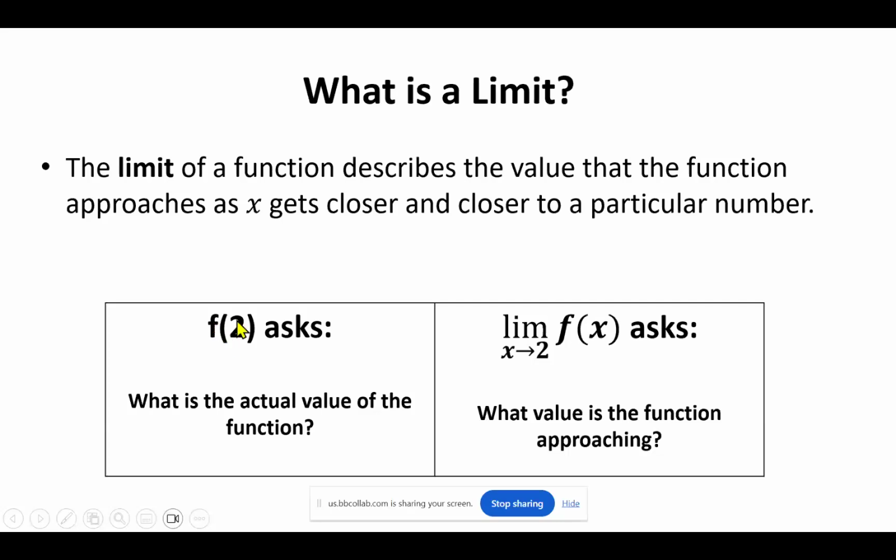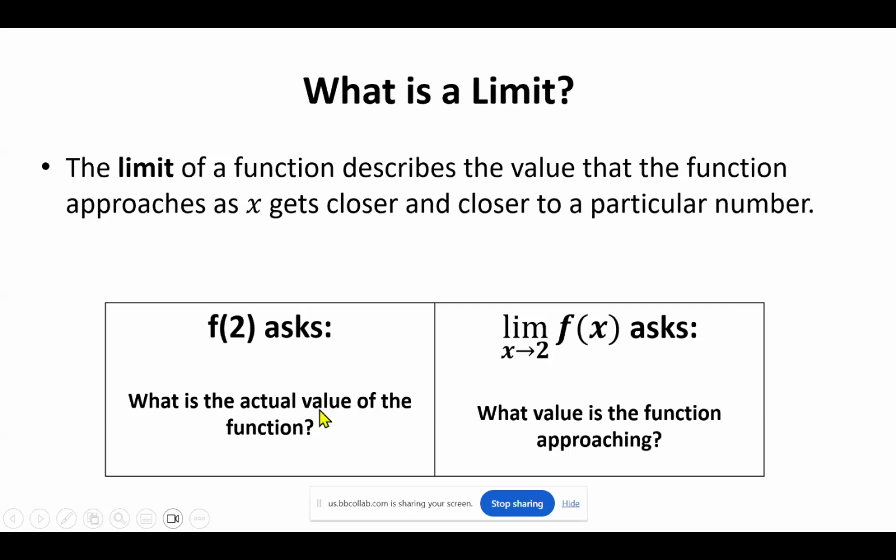When you plug a number into a function, what you're asking is, what is the value of the function at that specific number? What is the y value when you input x equals 2? The limit is asking what the function is approaching when x gets closer to 2. So in fact, these two are not always equal.